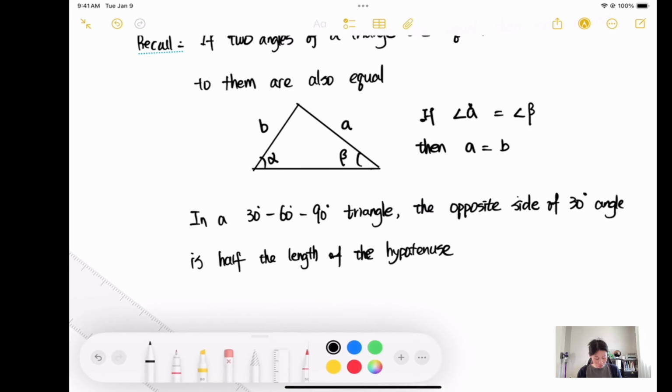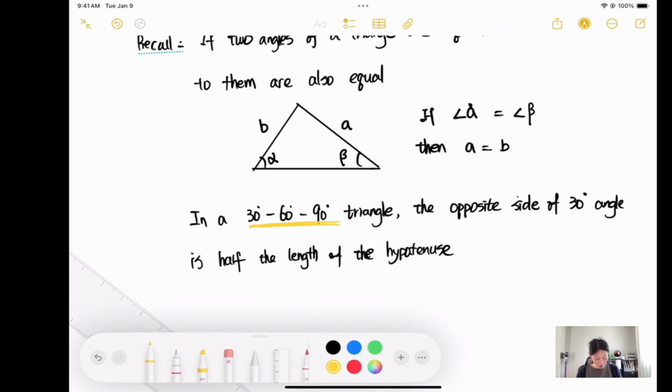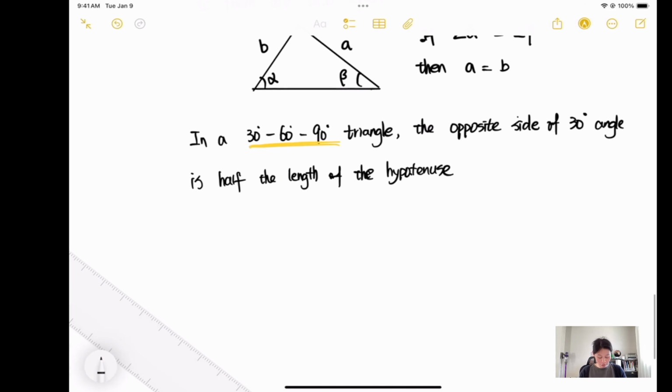This is only true in a 30-60-90 degree triangle.